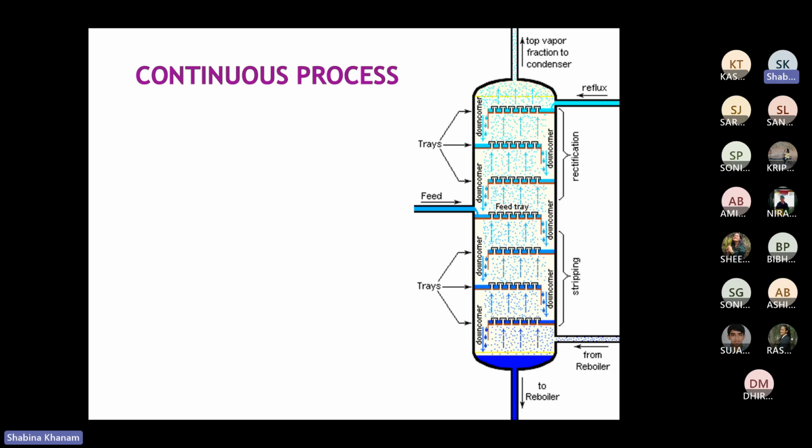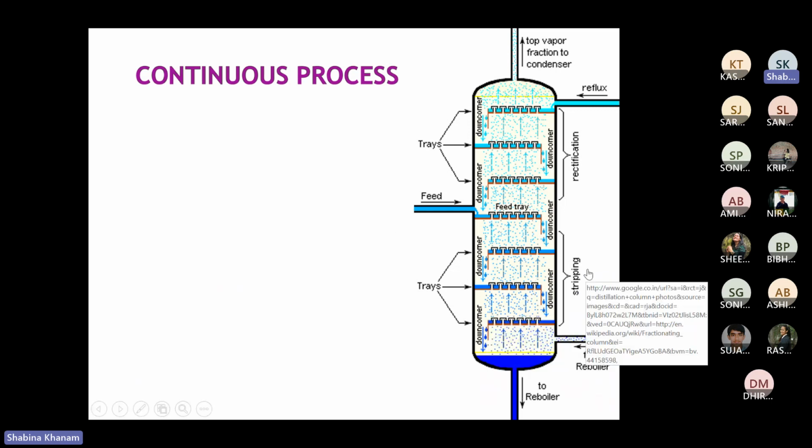And if you consider the continuous process of distillation, the schematic you can see like this. Here I have a number of trays. As you can see, one tray will be attached at this corner, another tray will attach at this corner.